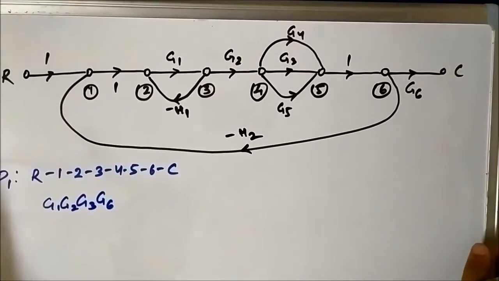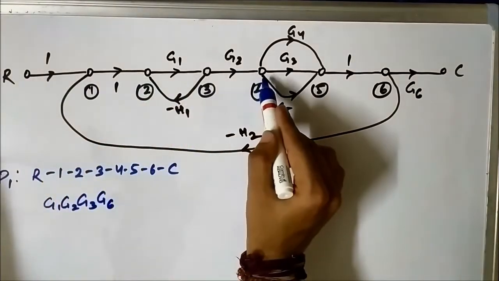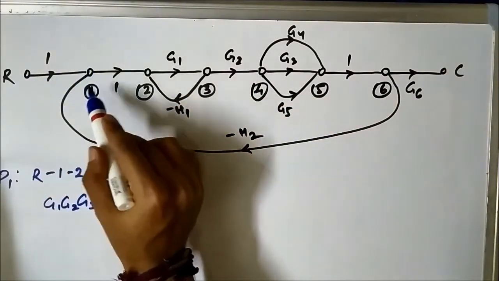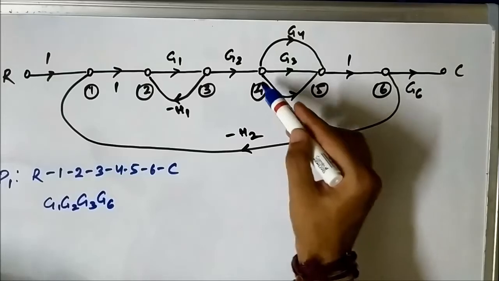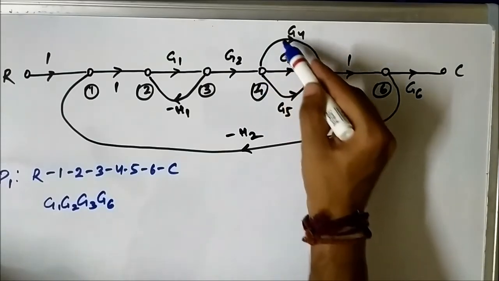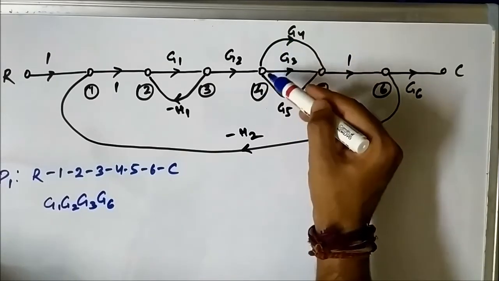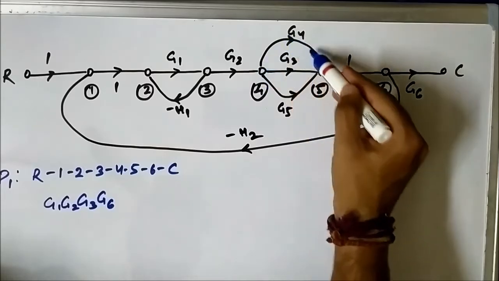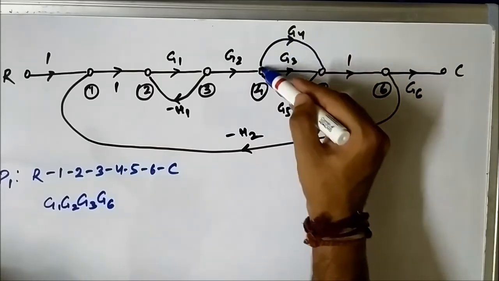Next, the next forward path is the same until node 4, that is R, 1, 2, 3, 4, but we proceed in the direction of the branch G4. This is also a forward path, as the direction of the arrow is forward.